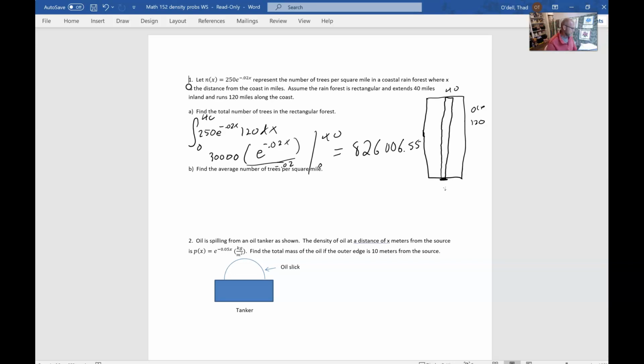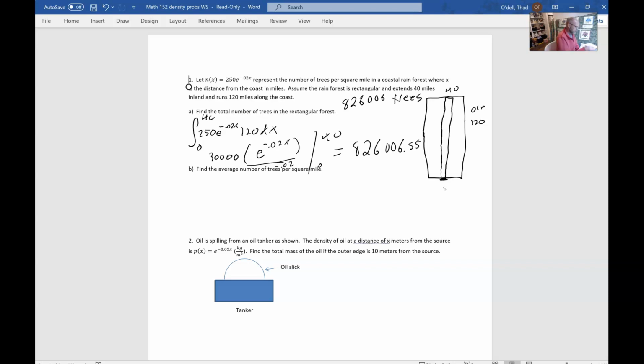That means there are 826,006 trees. We don't need the 0.55, so that would be 826,006 trees.